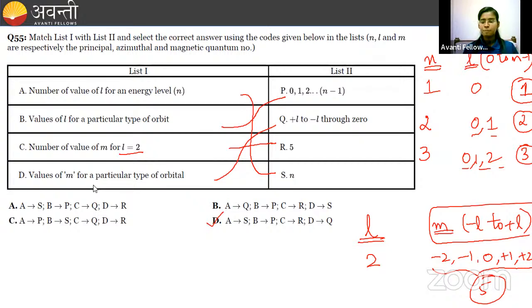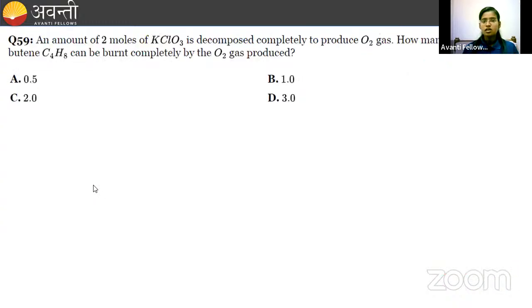Now coming to the next question. Question number 59. An amount of 2 moles of KClO3 is decomposed completely to produce O2 gas. How many moles of butene, which is C4H8, can be burnt completely by the oxygen gas produced from the decomposition reaction?